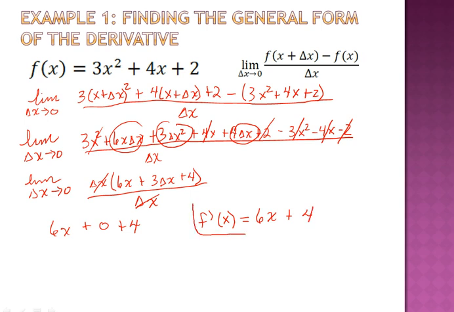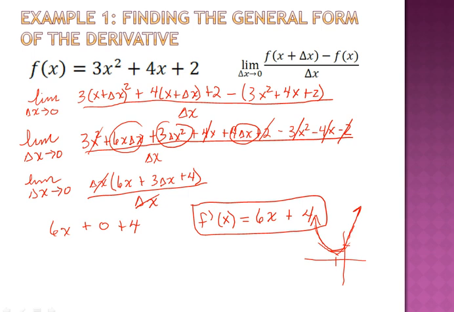So what does this mean? It means that I have a general slope, because if I have this parabola and I were to have graphed it, you would be able to see that as I travel around my parabola, my slope changes at every point.